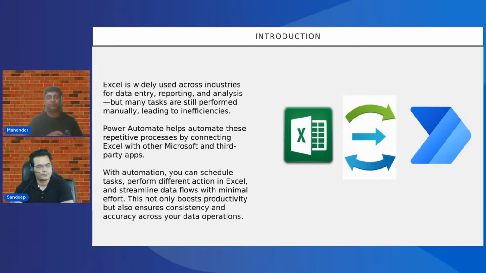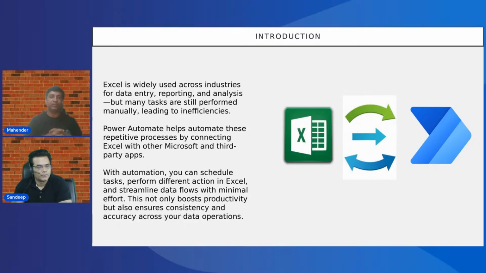Now to streamline this, we can utilize Power Automate for all these actions or the data work that we are doing. We can do that automation with Power Automate. We can use Power Automate and perform different actions automatically, whatever task we are doing, whether it's storing data, fetching data from outside and putting it there, or generating a report.